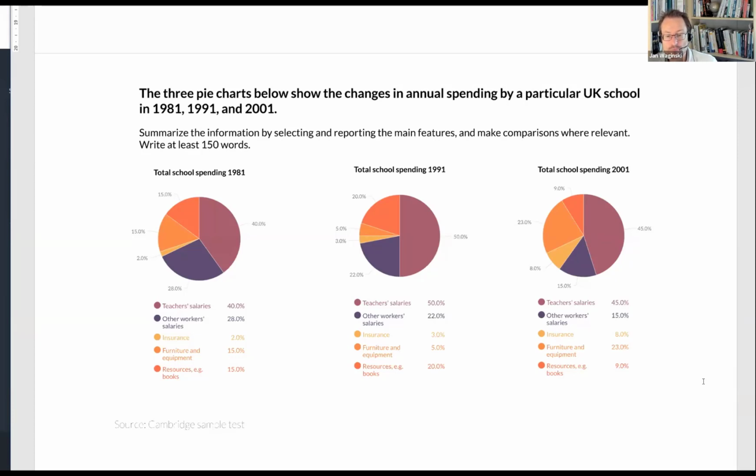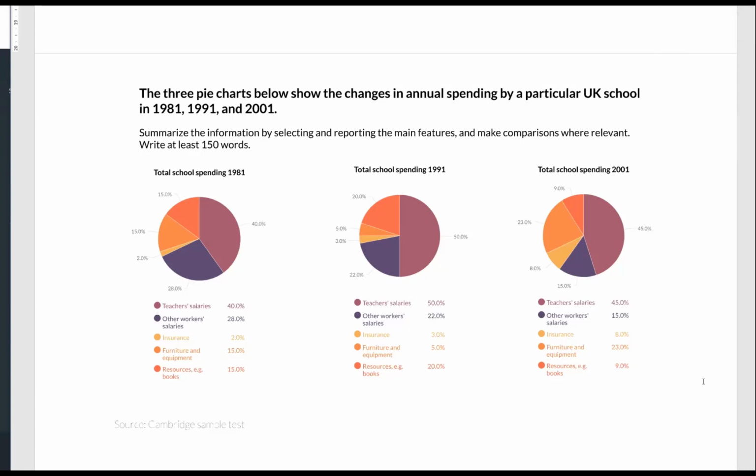So what's some more? Percentage? Insurance is increasing. Well, we have to be very precise in our use of language. So we can't say that teachers' salaries increased because we have no idea if teachers' salaries actually went up or down. What do we have?